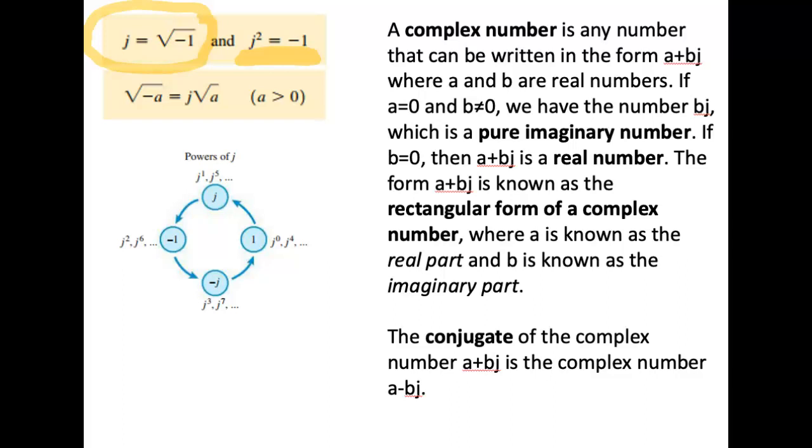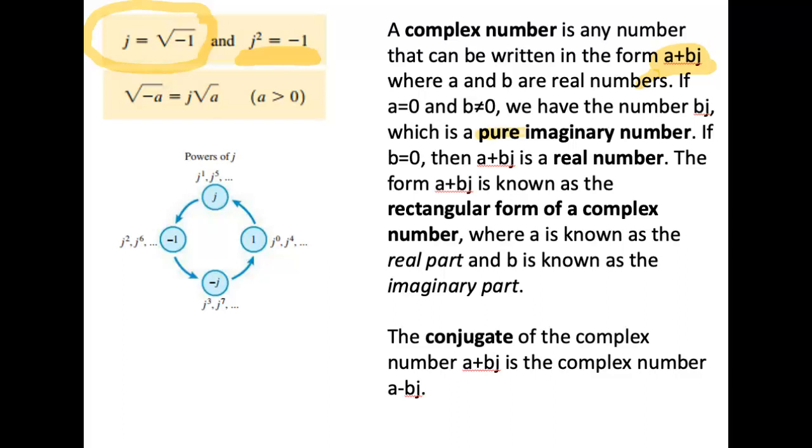Okay, so a complex number is written in this form. It's written as a plus bj. So you have two parts to a complex number. You have the a, which is the real part, and then the bj, which is the imaginary part. In some cases, if you have a number that only has bj, that's called a pure imaginary number.